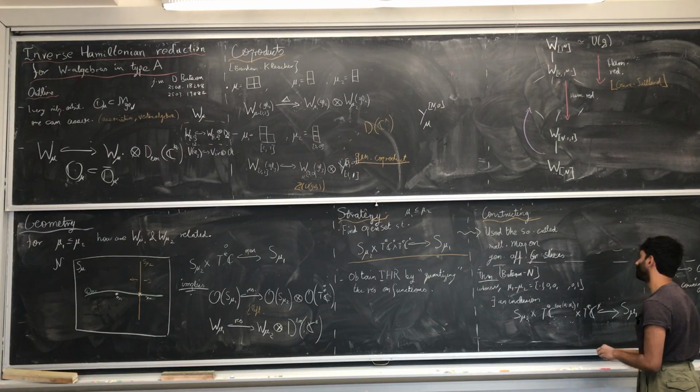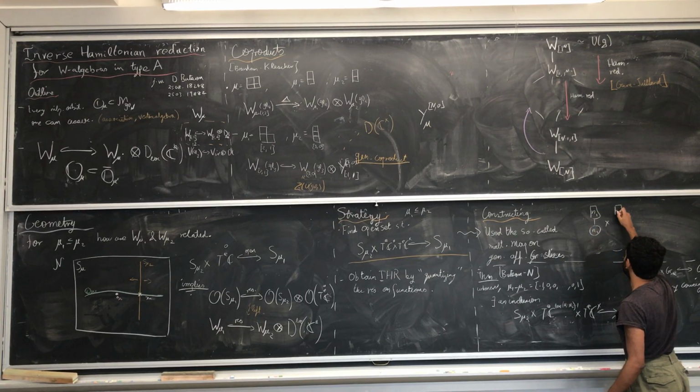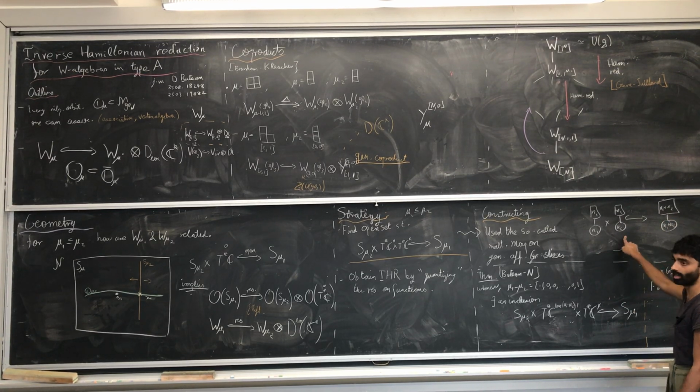It would take something like n1, k1 times n2, k2, and embeds this inside n1 plus n2, k1 plus k2. So it takes the Coulomb branches of these two guys and embeds it into the Coulomb branch of this guy. And this here is a very special example where you split off an abelian gauge theory, or just some abelian gauge theory with fundamentals.